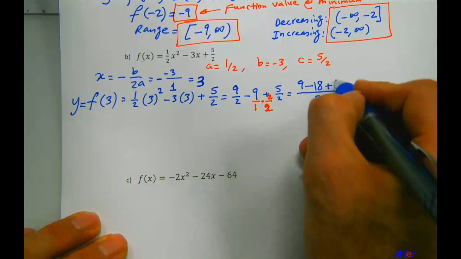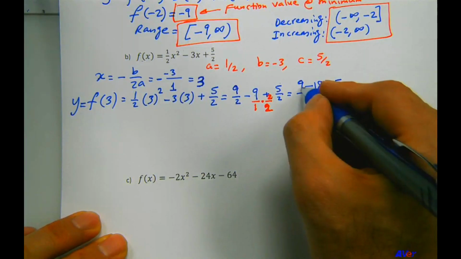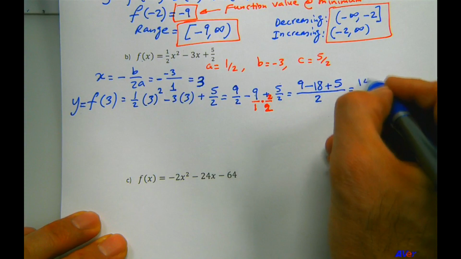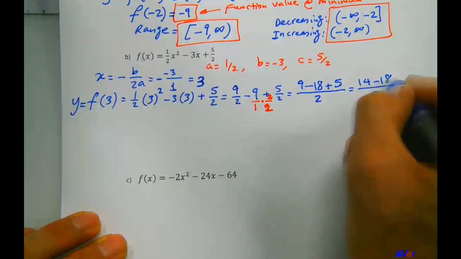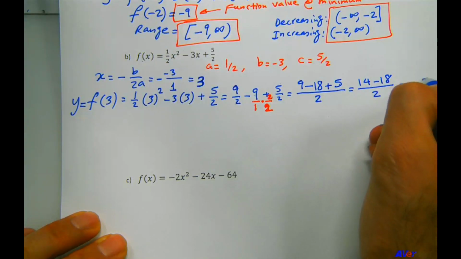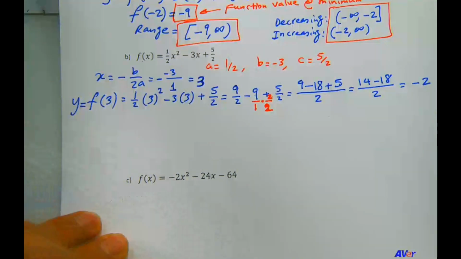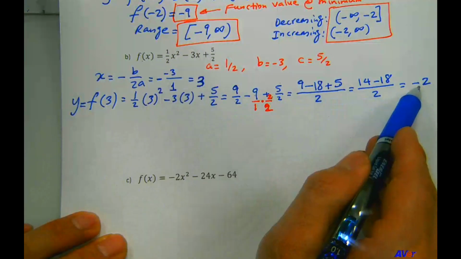So plus 5. So we end up with 9 plus 5 is 14, minus 18, divided by 2. 14 minus 18 is minus 4. Divided by 2 is minus 2. So the coordinates of the vertex are 3 comma negative 2.